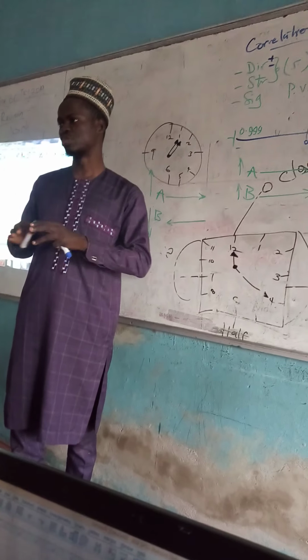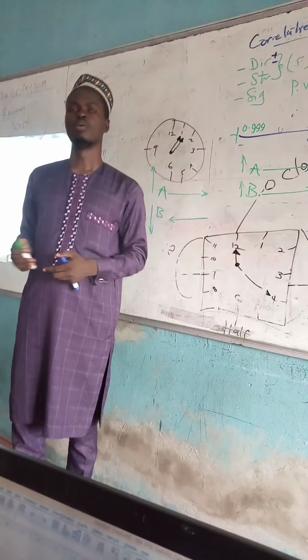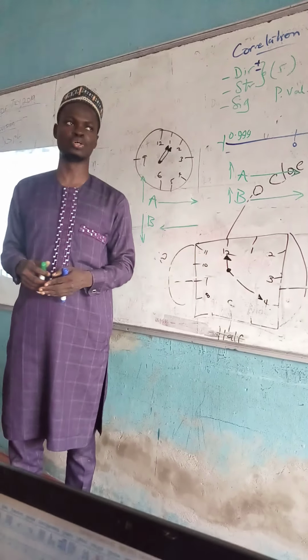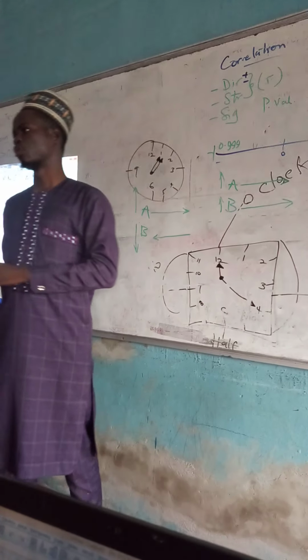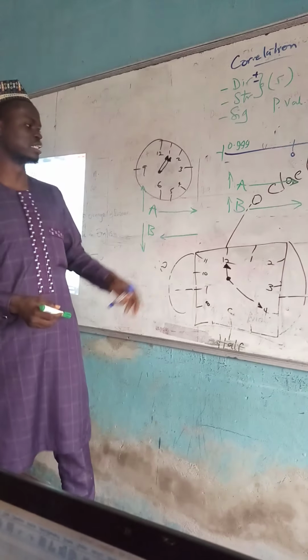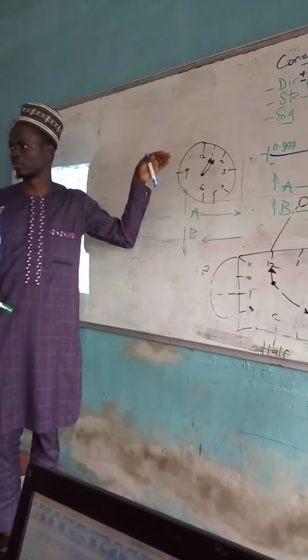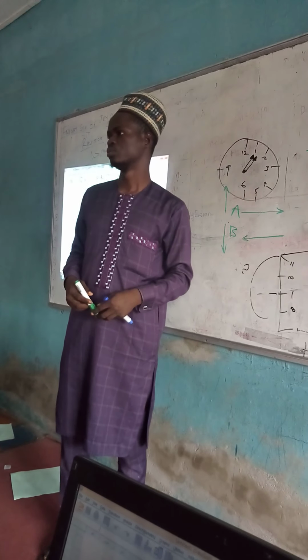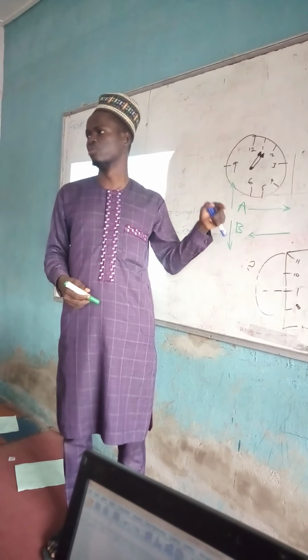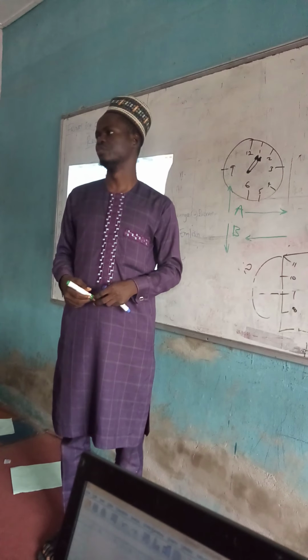So that is a positive correlation. An example of a negative correlation or an inverse correlation is cost of living and standard of living. When the cost of living is high, then the standard of living will be low. So when there is increase in cost of living, then there will be decrease in standard of living.